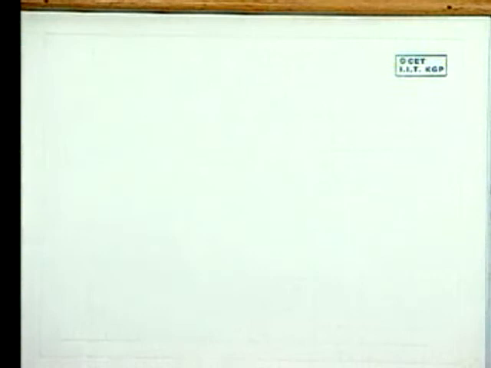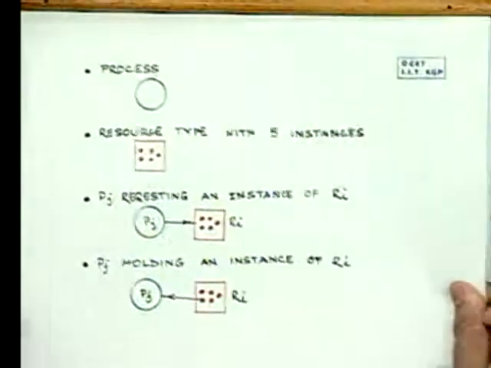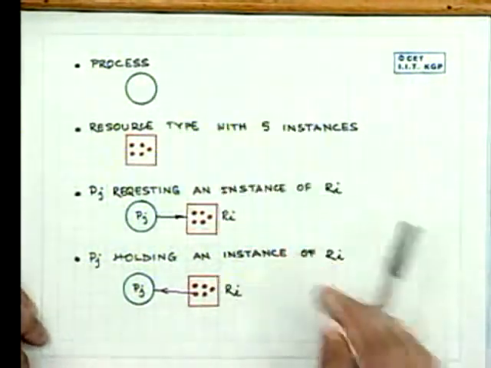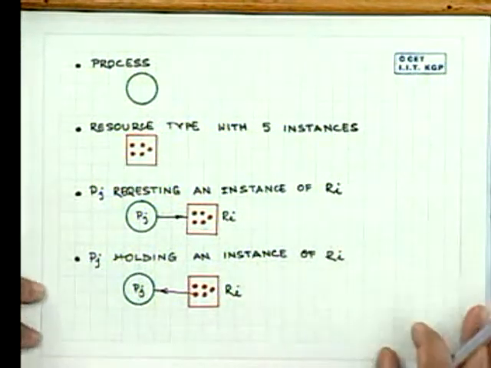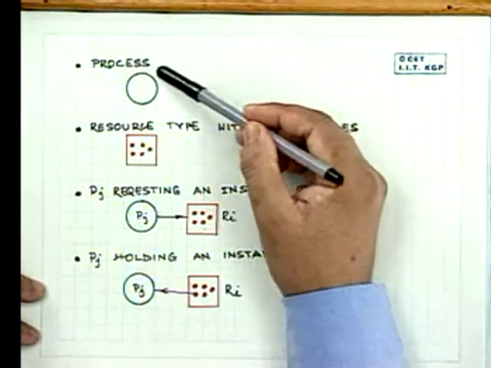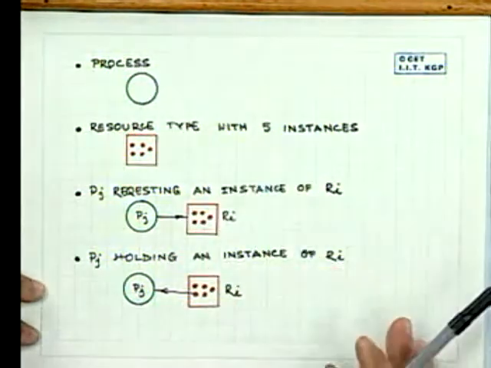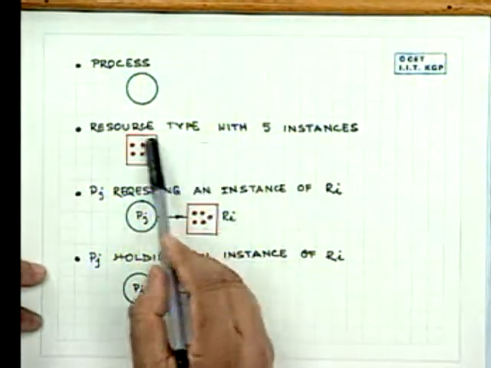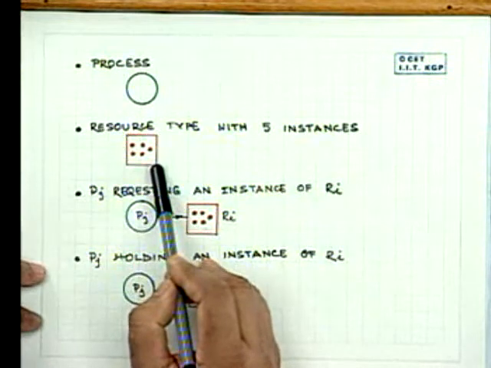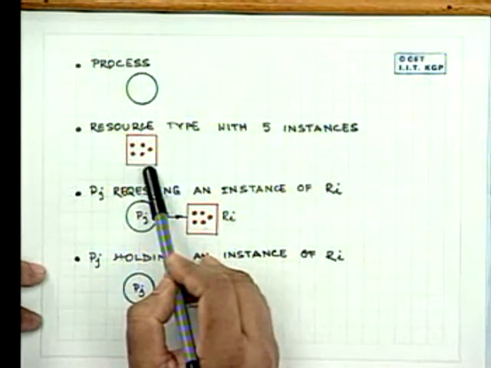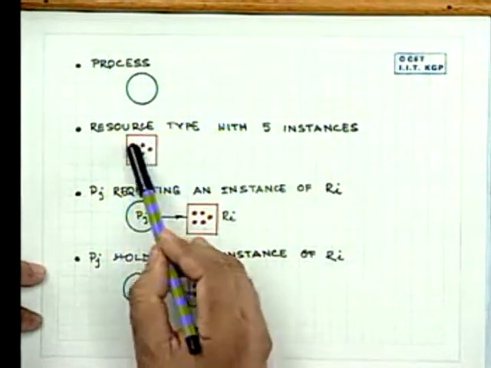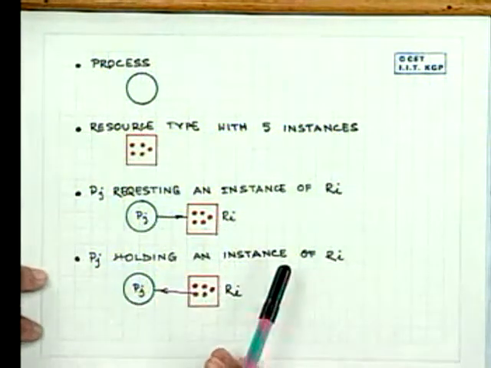To clarify further, these would be the symbols that we will use in our subsequent discussion. A process will be shown by a circle, the green circle. A resource type will be shown by a red square. For example, this is a resource type with 5 instances, say 5 MACtives.